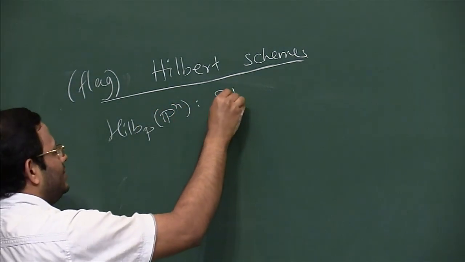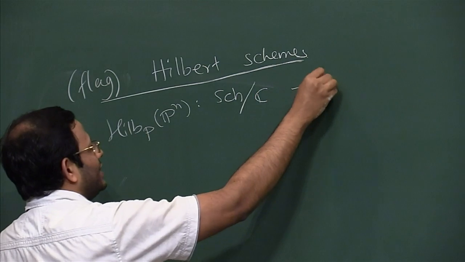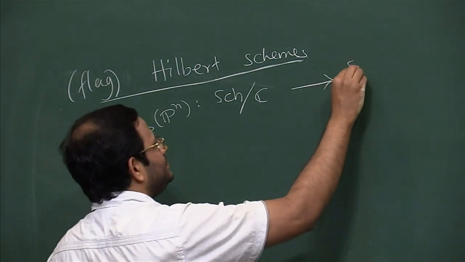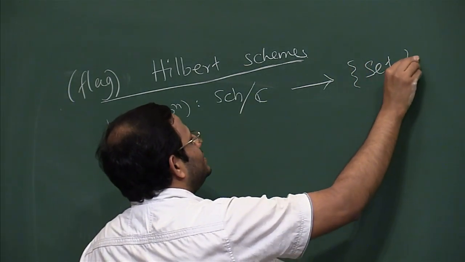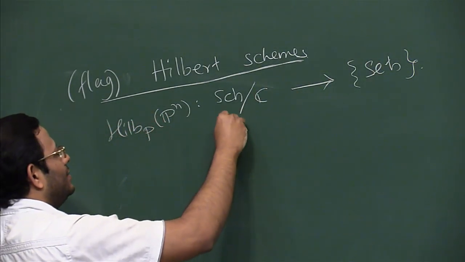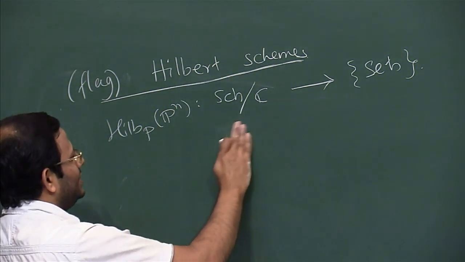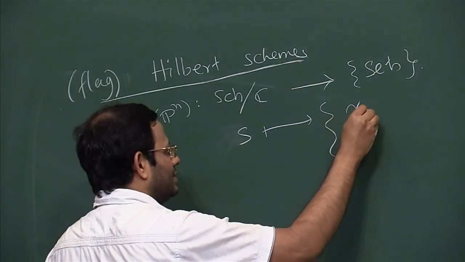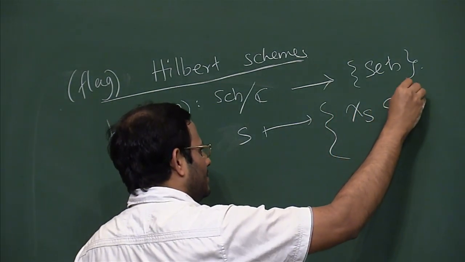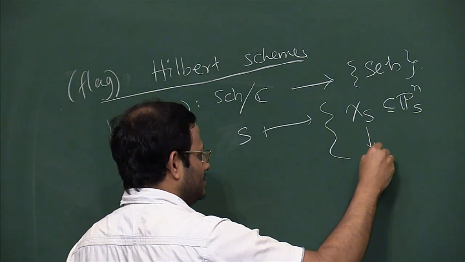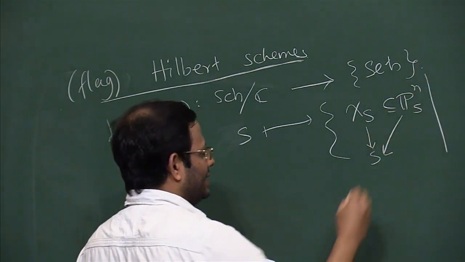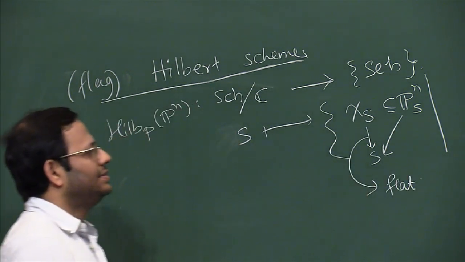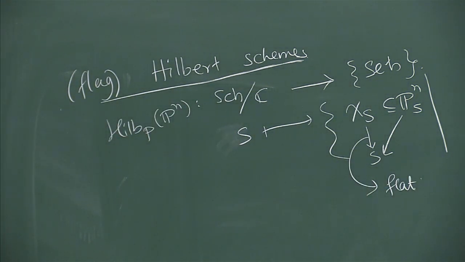I am always working, this can be done over any field, but for now I am working over C, where I take, let us say S, and here I look at, and here I just assume that this is flat. So, here it need not be smooth.